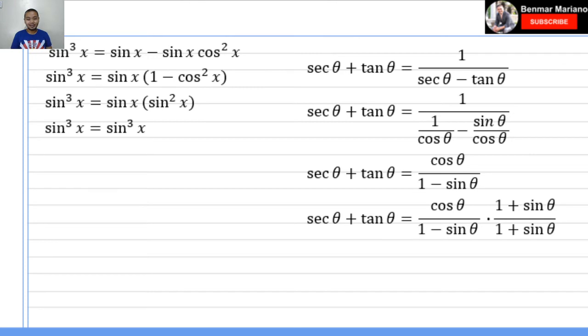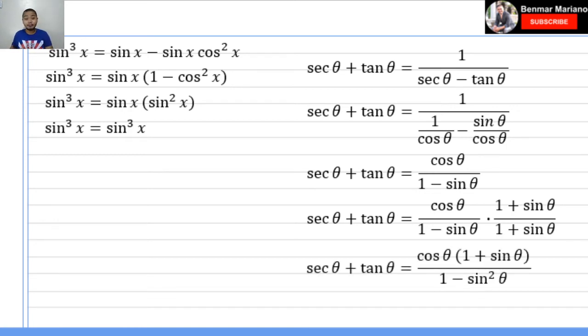Next, what I am going to do now is to multiply this. So, the one on the numerator will become cosine theta times the quantity 1 plus sine theta, while the one on the denominator will become 1 squared minus sine squared theta. So, that is actually a special product, the product of the sum and difference of two terms.